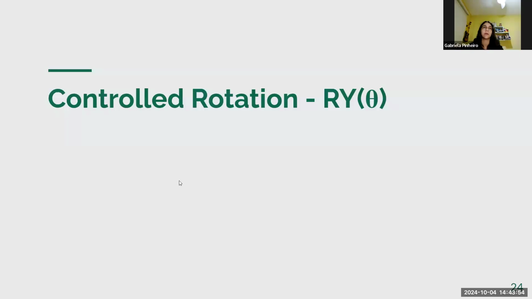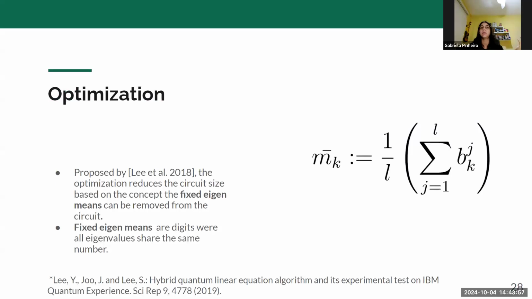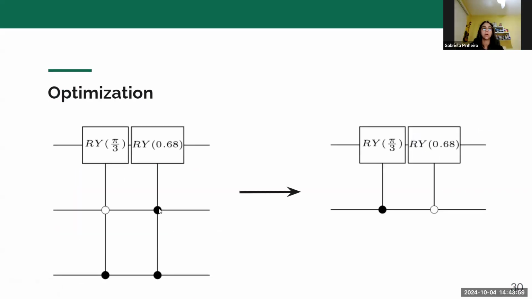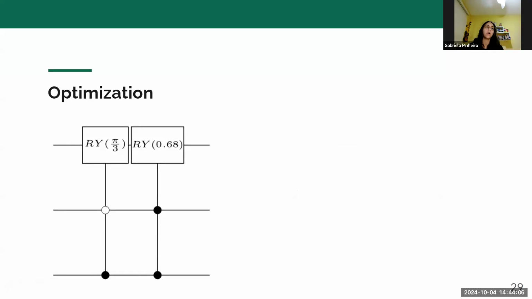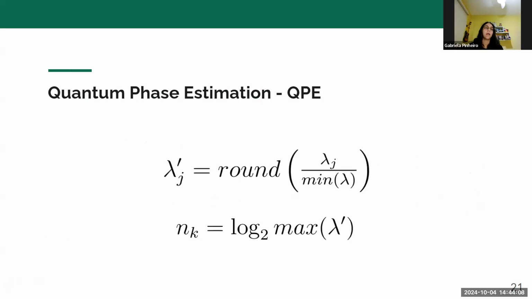In this case, for example, if it was 2 and 3, you only needed 2 qubits to represent it on the original circuit. In the optimized version, we calculate all the lambda dashes, and after getting the lambda dash, we check for the fixed eigenvalues and reduce from the original n k. But this is how we calculate the precision. We see all of the lambda dashes that we are going to use and see how many qubits are necessary to represent them in binary. Did it answer your question?